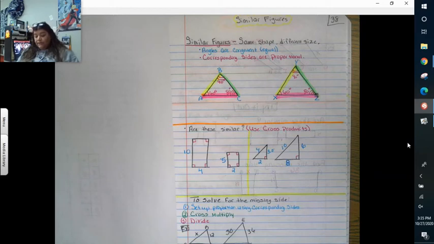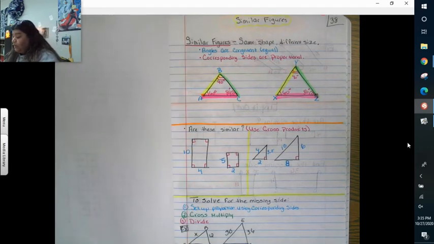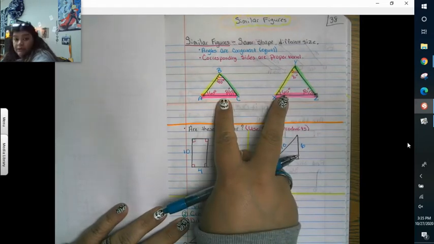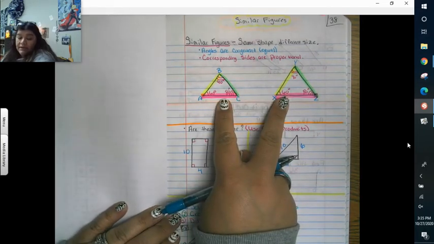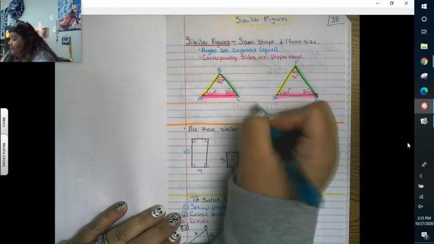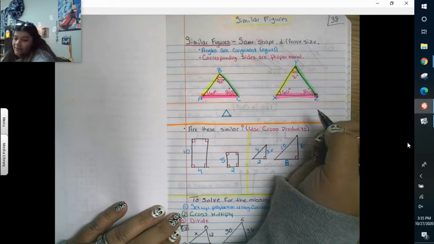And let me show you the symbol, okay? Let me choose blue. So if I want to tell you that these two do come out to be proportional, or they are similar, okay, then I would say triangle. That's the symbol for triangle.